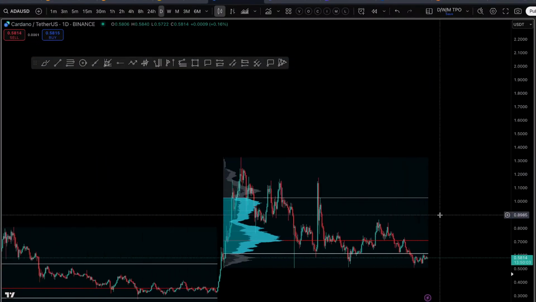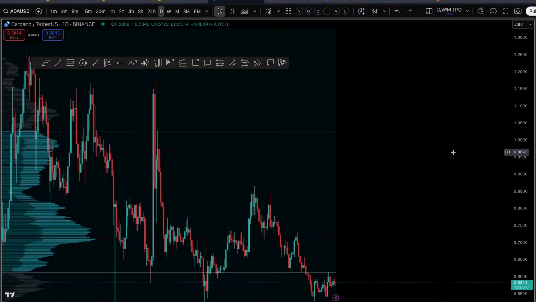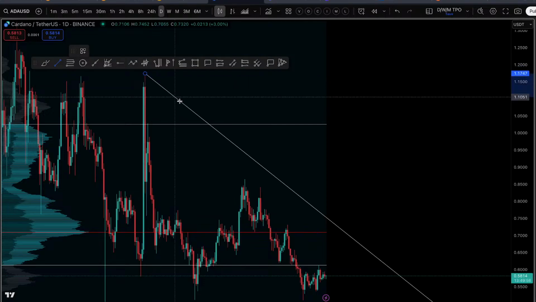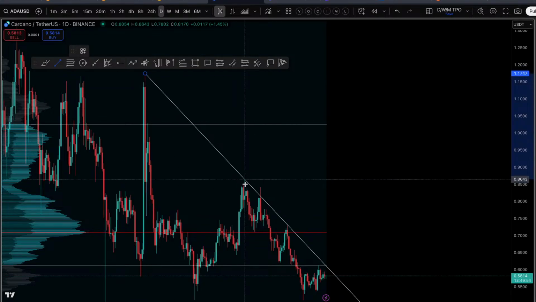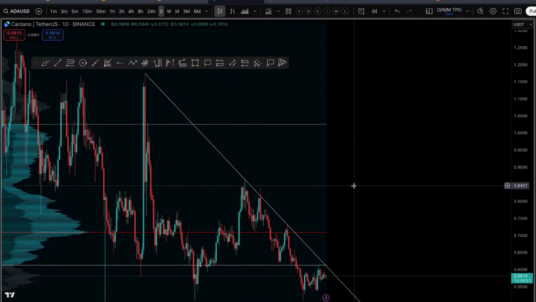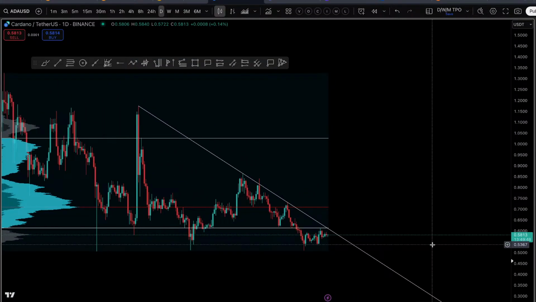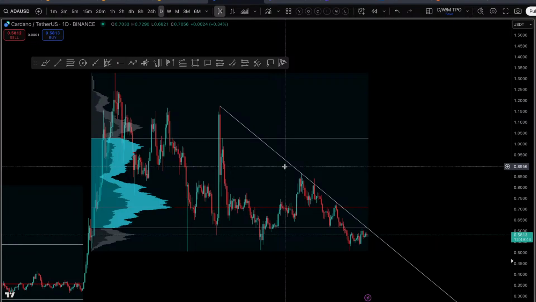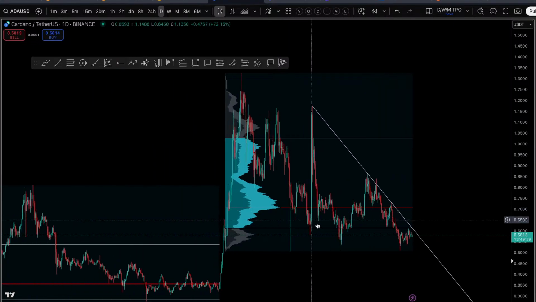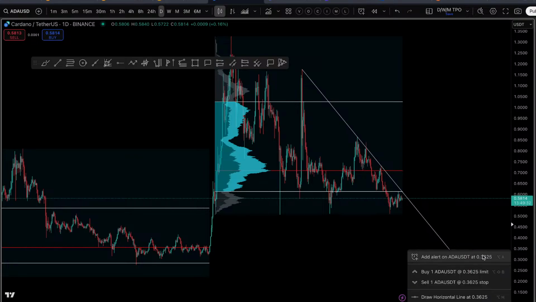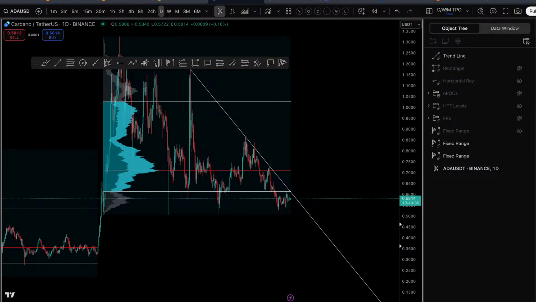Anyway, important thing is that even if we're inside the value, are we able to break this trend line? If we're not going higher. So yeah, for now, bearish.